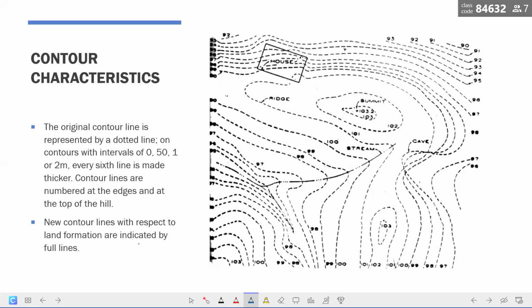Now, contour lines are generally dotted lines. They are dotted lines on intervals of 0.5, 1, 2 or 5 meters. But to avoid confusion, every sixth line, so after 1, 2, 3, 4, 5, 6, every sixth line should be a solid line rather than a dotted line.